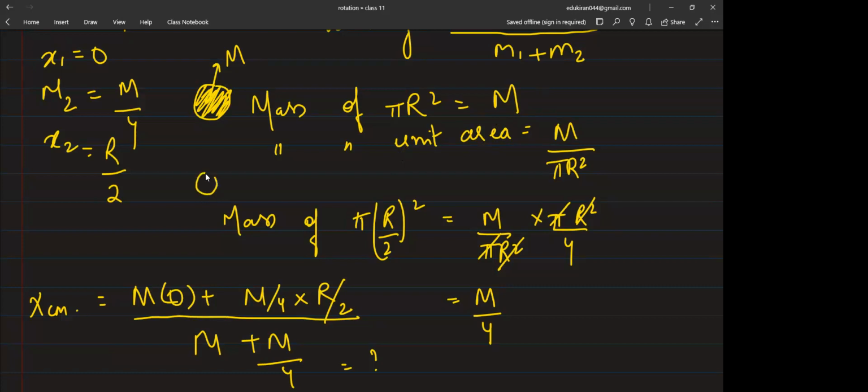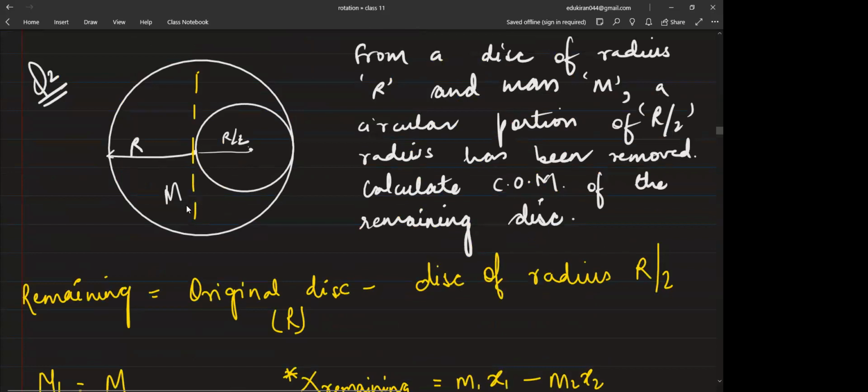Now we require that small disk which has the radius r by 2. So its area will be pi r by 2 whole square. For unit area, it's M by pi r square. So for pi r by 2 whole square, you multiply both of these, and you will be left with M by 4. Now see, we always choose a reference line. So let's say at 0, this is our reference line.